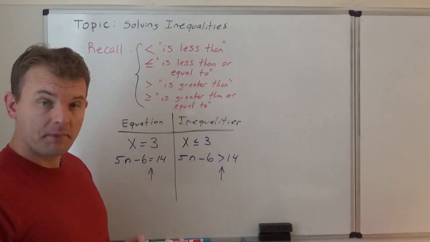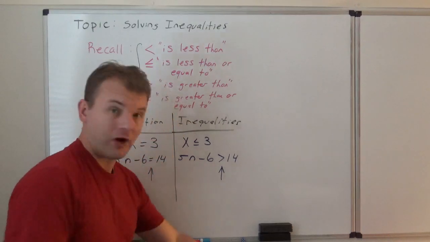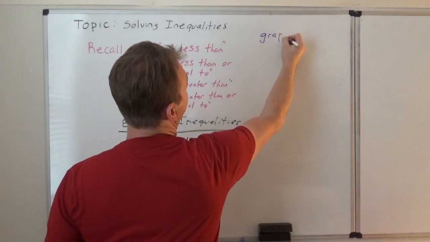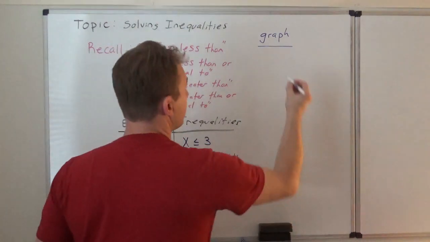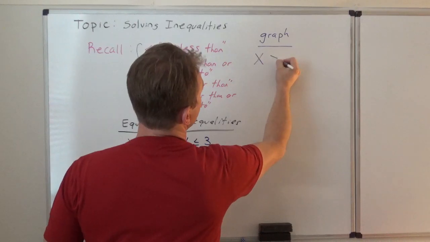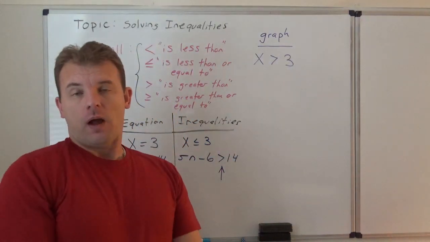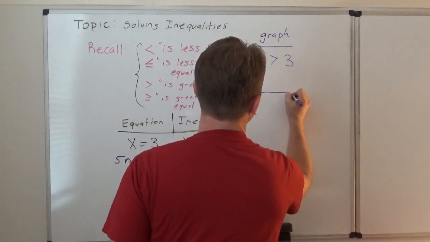Do you remember, going back to graphing, what if I wanted to graph this one here, let's say x is greater than 3? How would you graph that? Well, you would draw your number line.